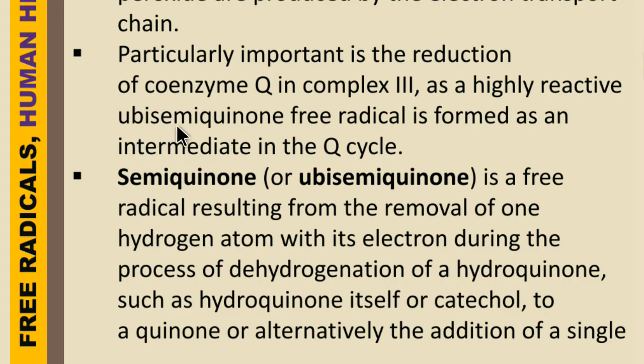Now UB semiquinone free radical is formed as an intermediate in the Q cycle.